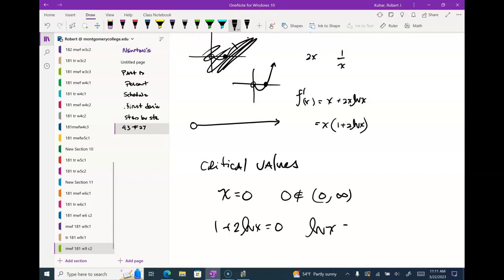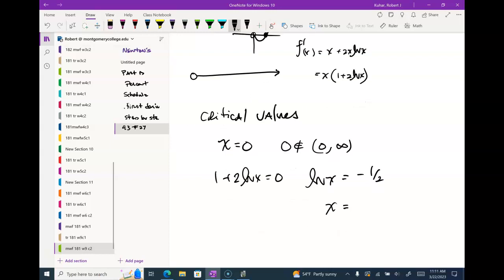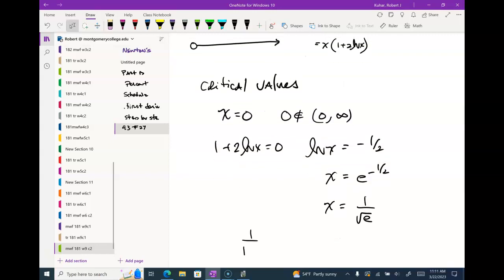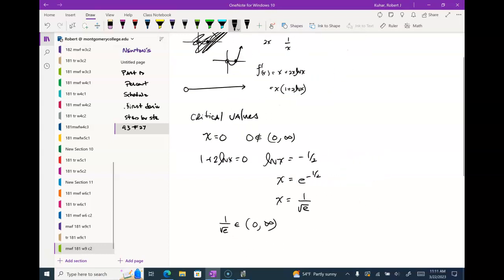Ln of x is negative 1/2. So x is e to the minus 1/2, so x is 1 over the square root of e. And of course, 1 over square root of e does belong to 0 to infinity. So that's the critical I want. Is this okay with everybody? This is okay?